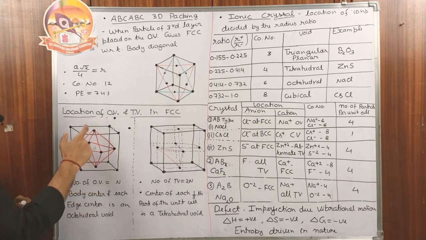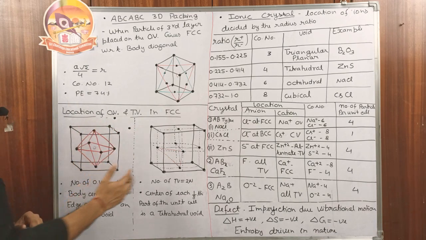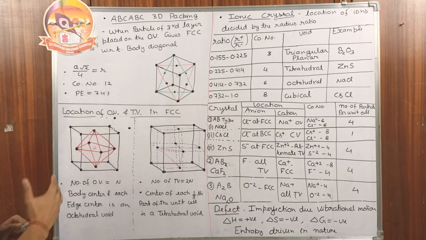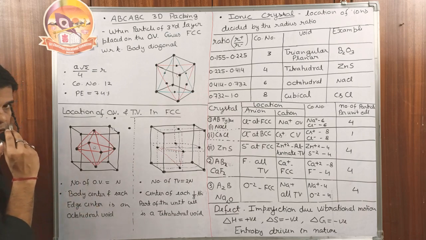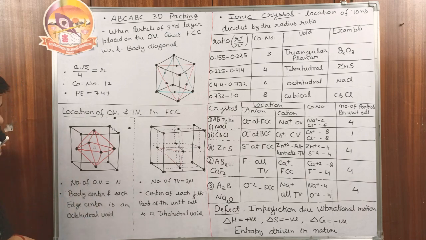Then the location of the octahedral void and tetrahedral void in the FCC. First, the location of the octahedral void: the body center and each edge center is an octahedral void. Look, the octahedral void is always surrounded by 6 particles.